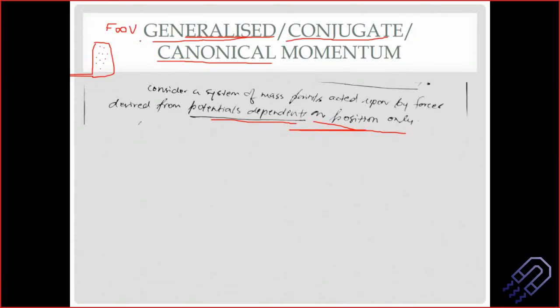It is dependent on the potential, because work done is force into displacement, and potential energy can be converted to work done. So you know that force and potential are more or less related, and that it depends on position.